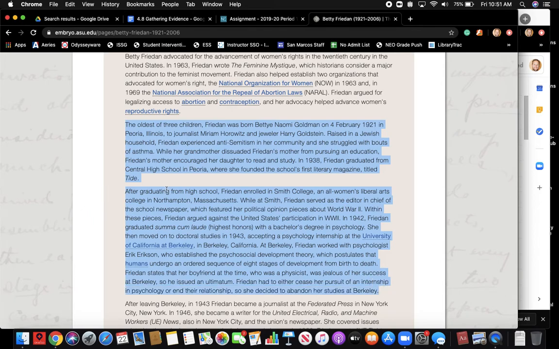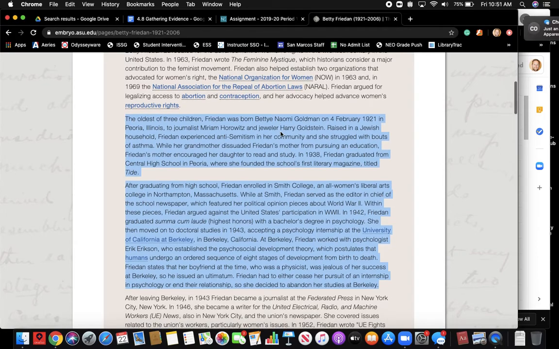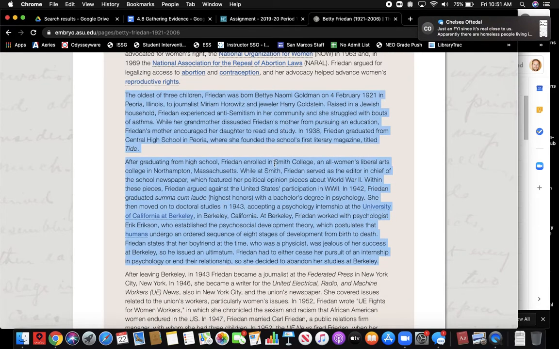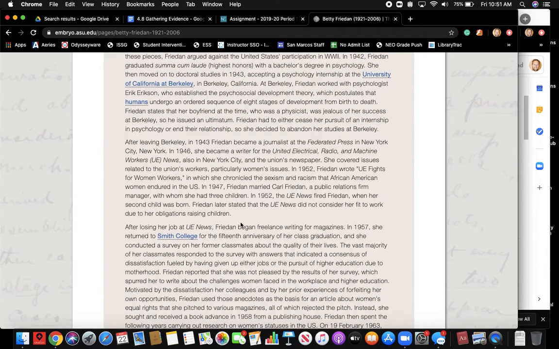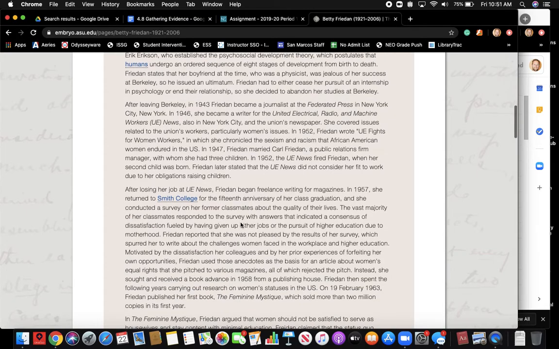Now, okay, it's great that she had siblings and she experienced anti-Semitism and all that stuff, but that's not necessarily relevant to what my topic is. So I'm not going to put information from there. So what I am going to look for are examples of the things that she did in order to fight for women's rights.